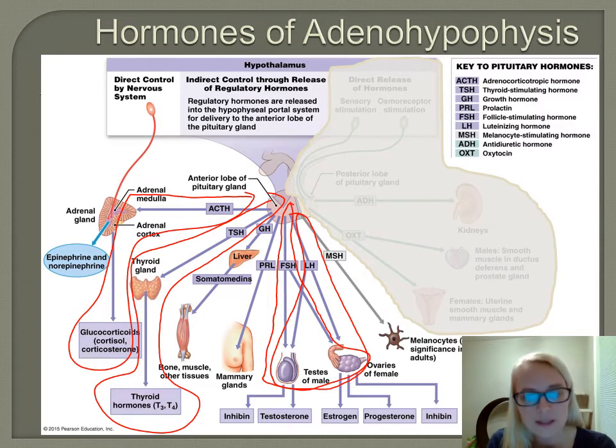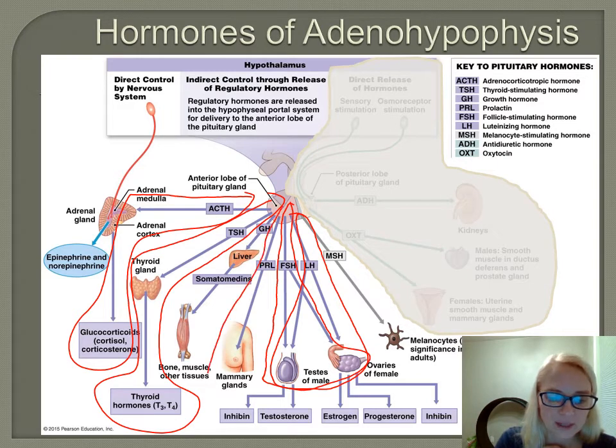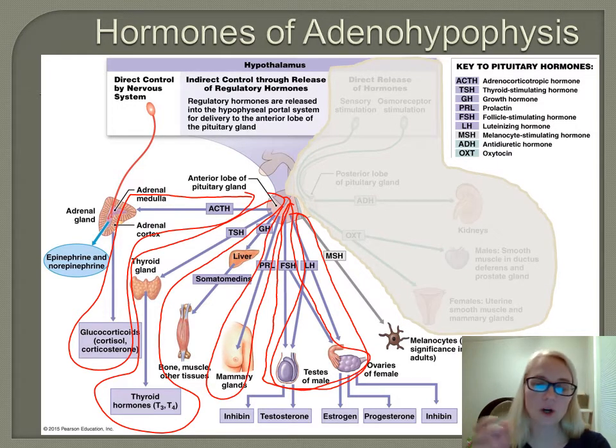And in males, it stimulates the production of testosterone. All right, so that is our FSH and LH. The next one is prolactin. Prolactin is for lactating females, targets the mammary glands and stimulates the production of breast milk.